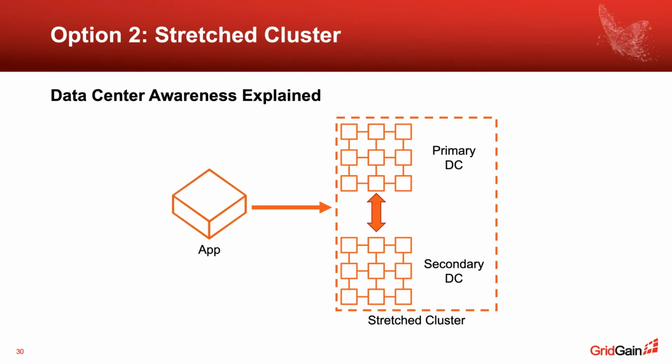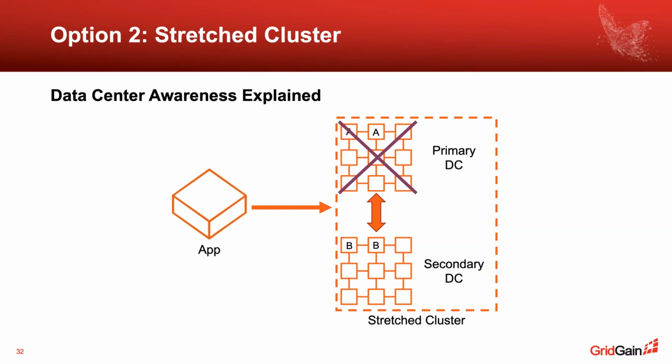So the next part is data center awareness and what it is. Let me illustrate. Say you have your stretched cluster and you have data entry A and data entry B, each stored in 2 copies. By default, your data may distribute in a way that both copies of A are stored in the primary data center and both copies of B are stored in the secondary data center.